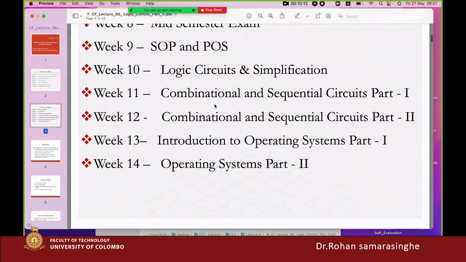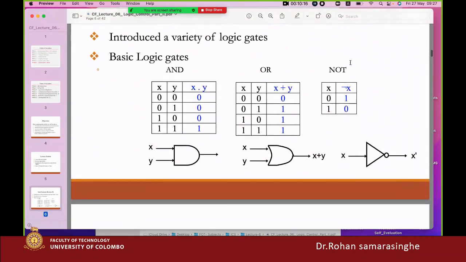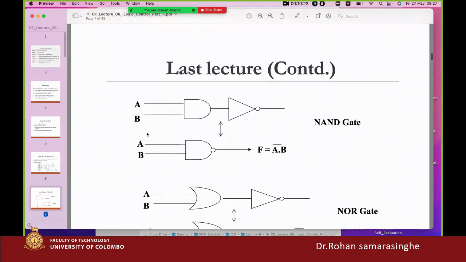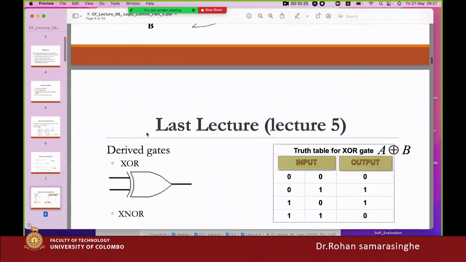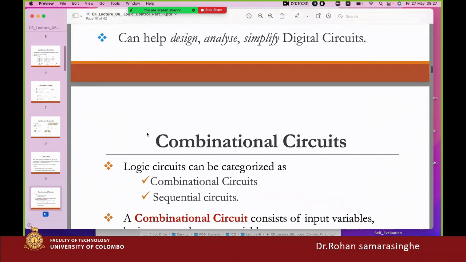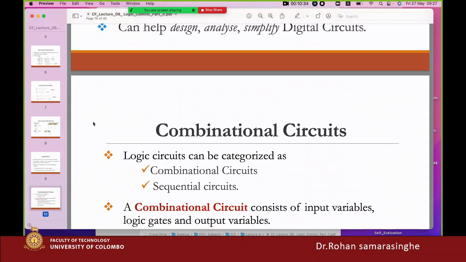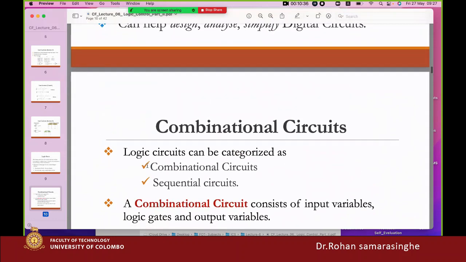The second part of the logic circuit. We have discussed these things in the previous lesson, so I am not going to explain them once again. Here you know these things, because then you will understand the combinational circuit and the sequential circuit.